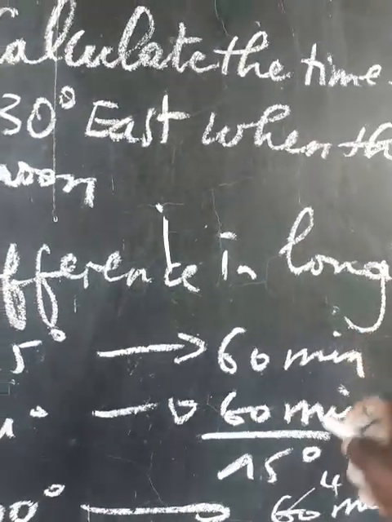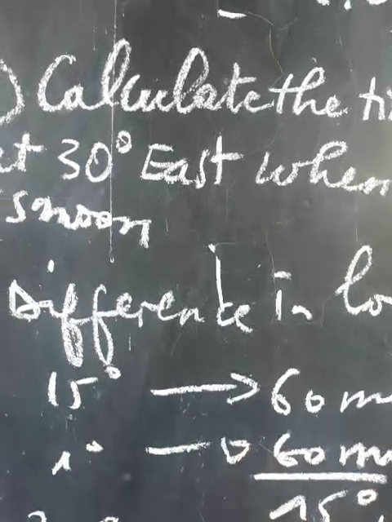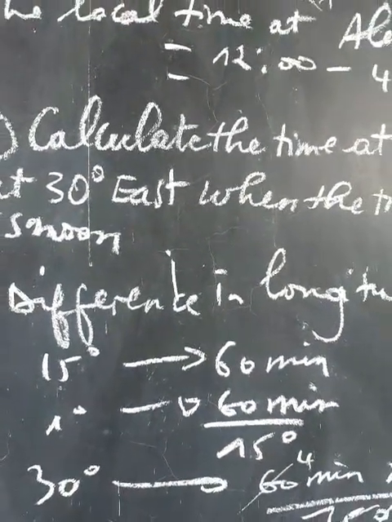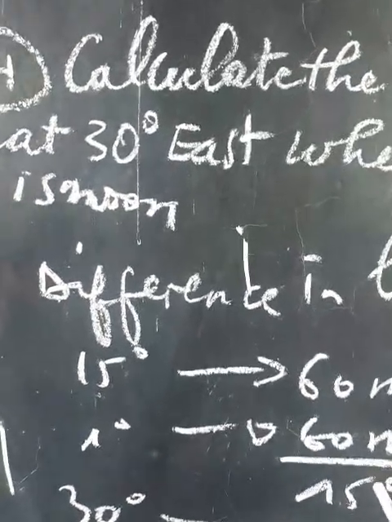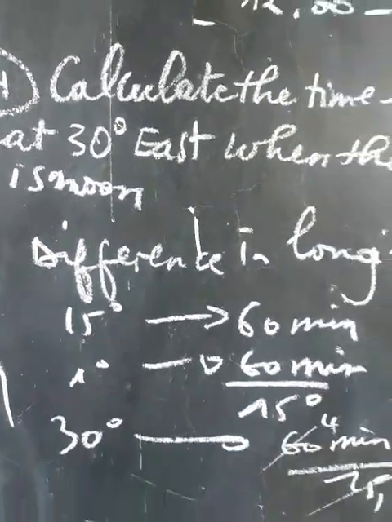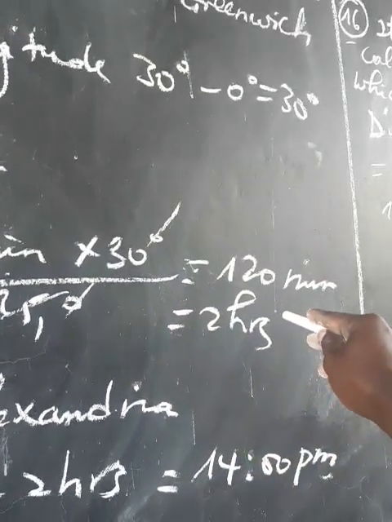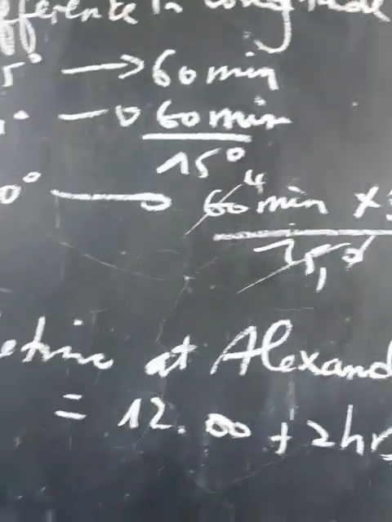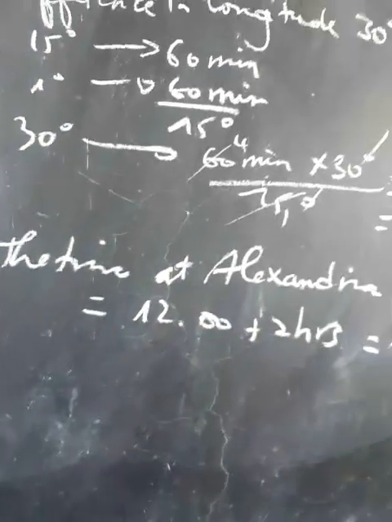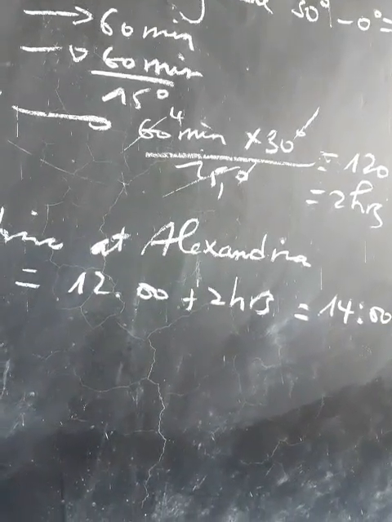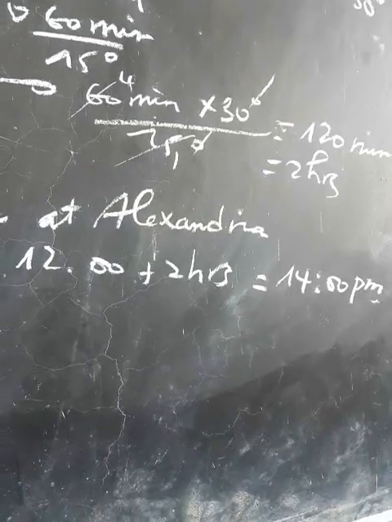And here, 15 degrees corresponds to 60 minutes, and 1 degree is equal to 60 minutes over 15 degree, and 30 degree will be equal to 60 minutes times 30 over 15 degree, and then we get 120 minutes, which is equal to 2 hours. Then the time at Alexandria will be equal to 12:00 plus 2 hours, which is equal to 14:00.